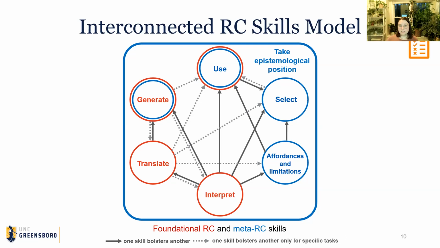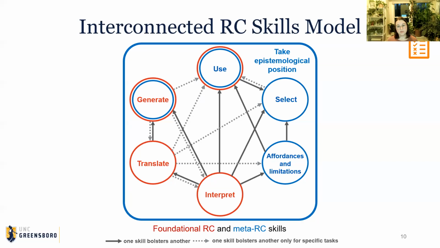Not only that, we also argue that in order to be proficient at using representations, we need to develop these other representational competence skills, because some of these skills, for particular tasks, support students in using representations as tools.